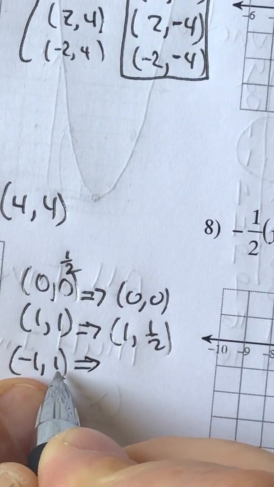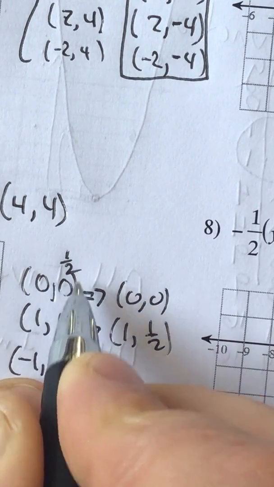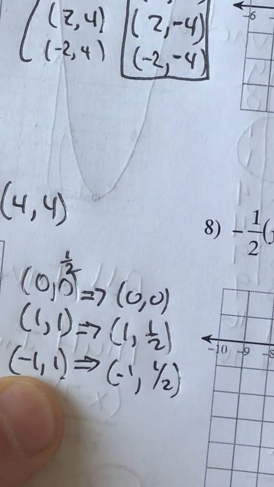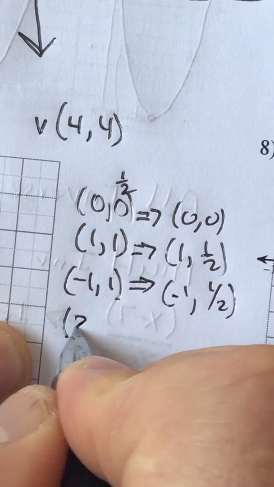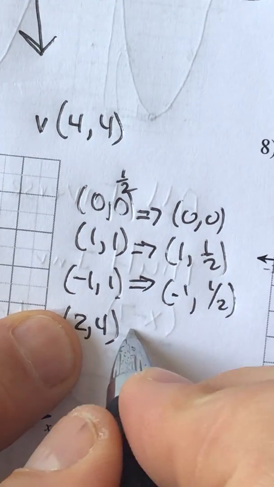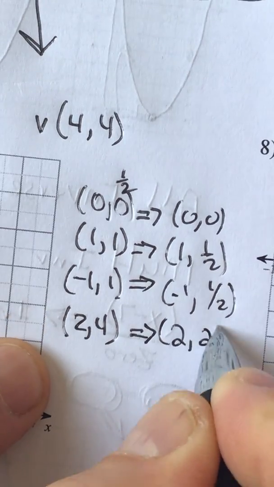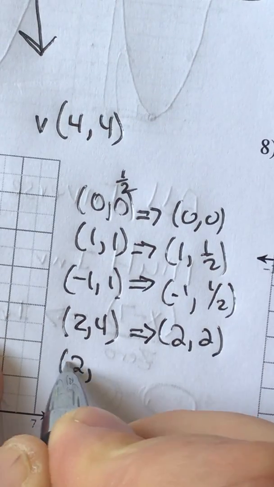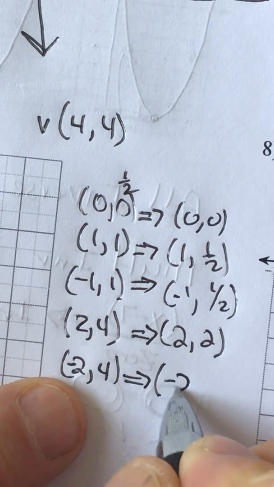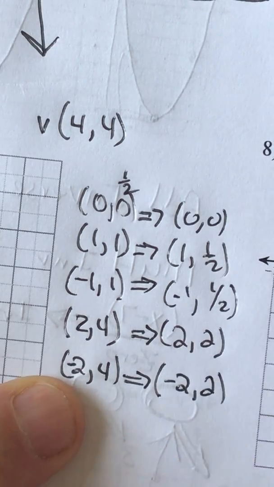Well, half of 1, the y, see it's only happening on the y's, is 1/2. Then I know the next one should have been 2, 4. But I'm halving the y, so it becomes 2, 2. And the next one should have been -2, 4. So halving the y, it's at -2, 2.